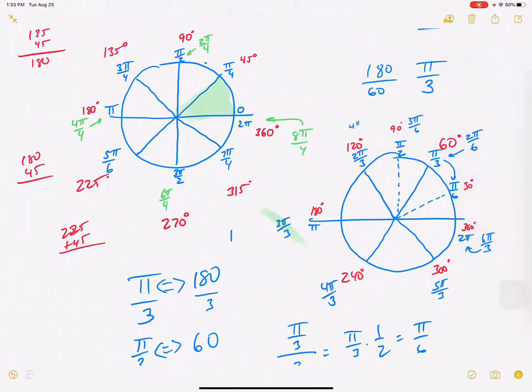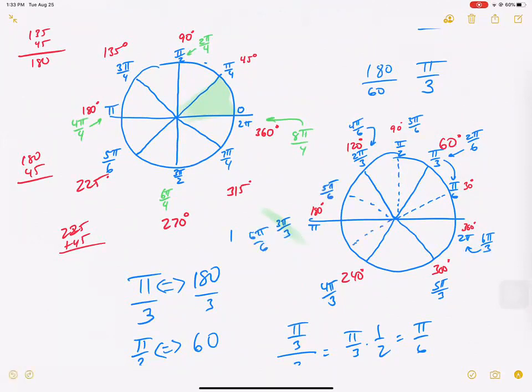This is 4 pi over 6, which still reduces down to 2 pi over 3. This would be 5 pi over 6. Moving over is 6 pi over 6, which reduces to pi.